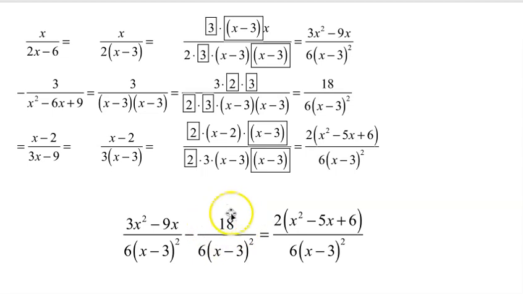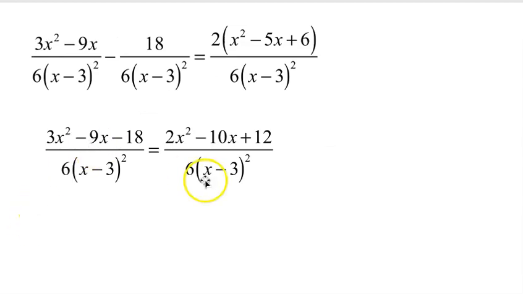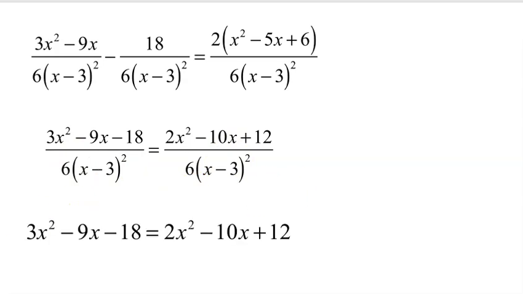Normally I would say put this in parentheses, be careful with subtraction, but it's a monomial, so it's not really crucial. So we can write it this way. 3x squared minus 9x minus 18 over 6 times x minus 3 squared equals 2x squared minus 10x plus 12 over 6 times x minus 3 squared. The two fractions are equal. The two bottoms are equal. Therefore, the two tops have to be equal.